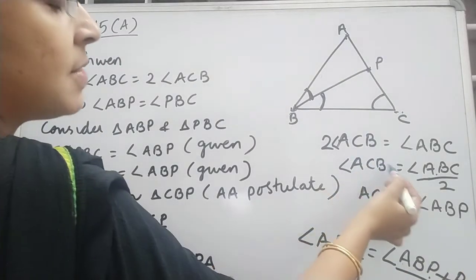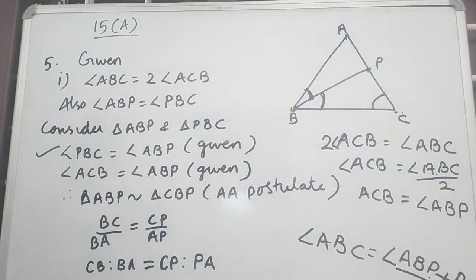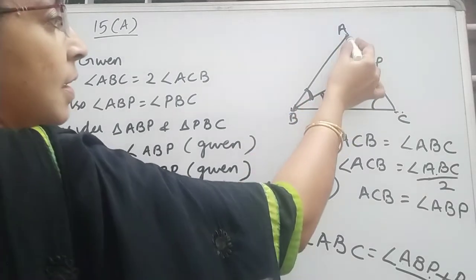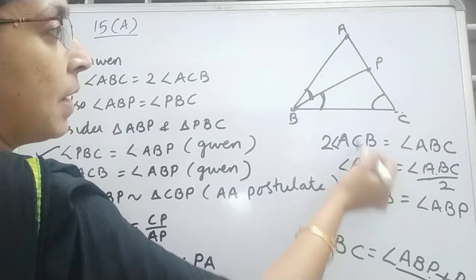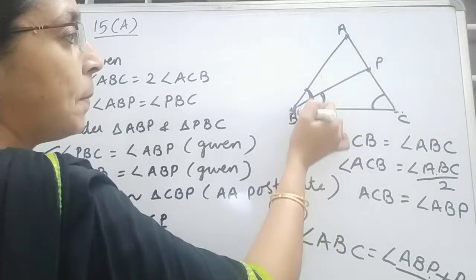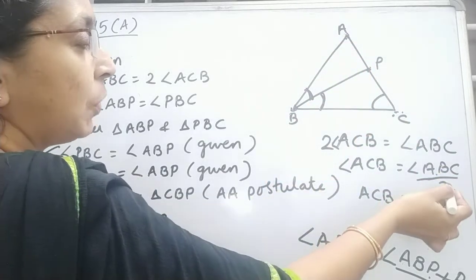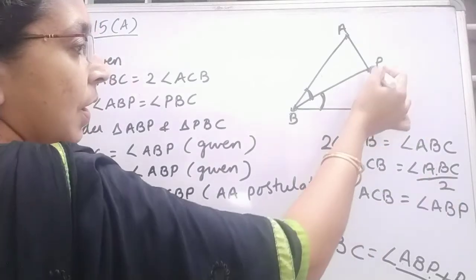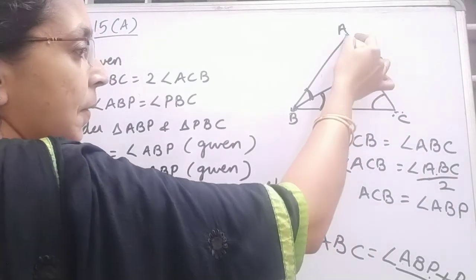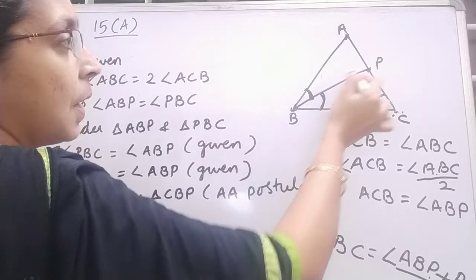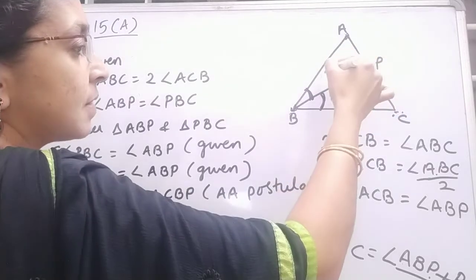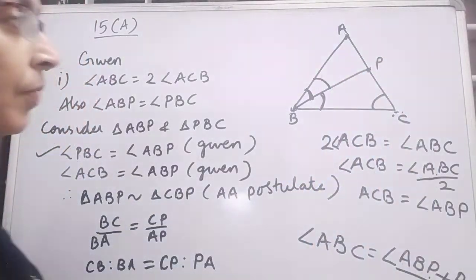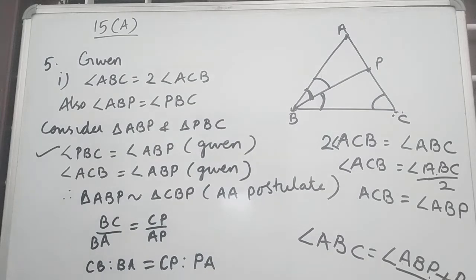So ACB is equal to angle ABP. ACB, this angle, is equal to ABC by 2, and ABC by 2 means we are taking A, B, P, that is this angle. So ACB is equal to angle ABP.